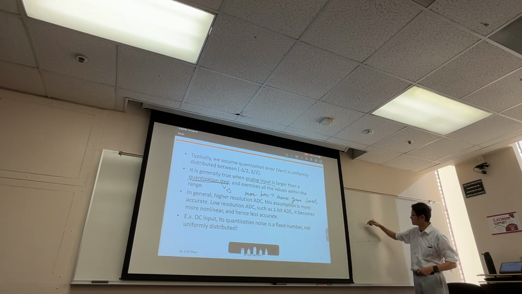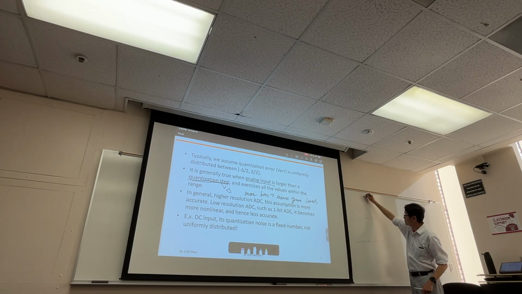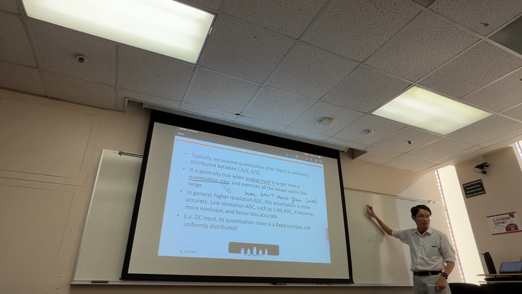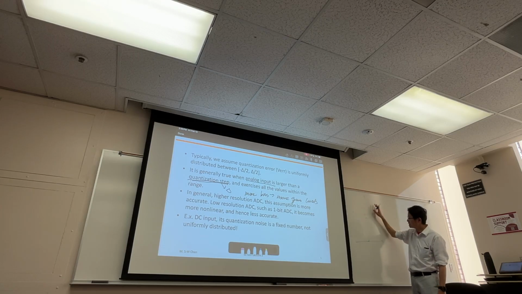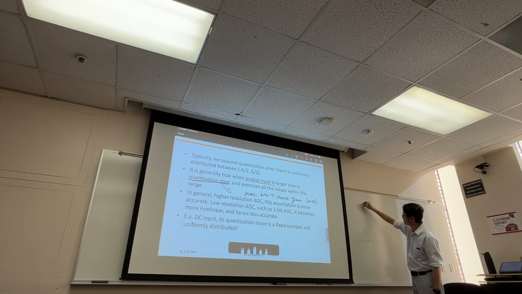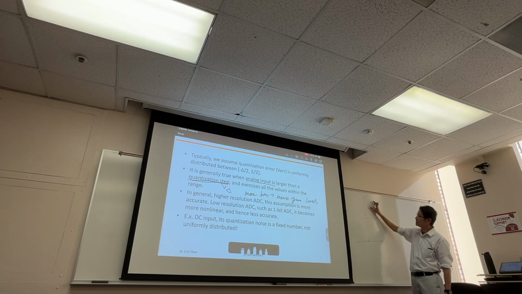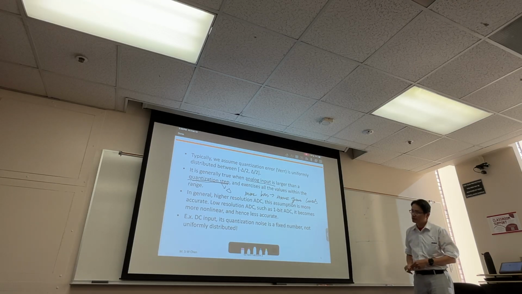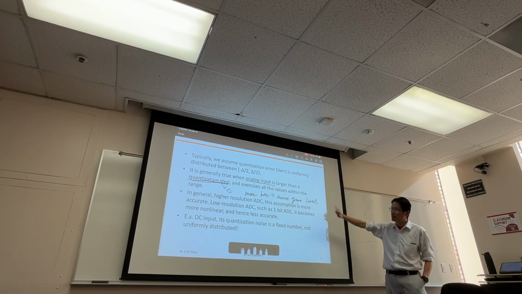Because your sawtooth can now be like this. You just don't have the luxury of randomly sampling it. You'll maybe just be seeing this portion, so you're not even randomly distributed over a wide range. So 1-bit certainly does not meet that criterion.